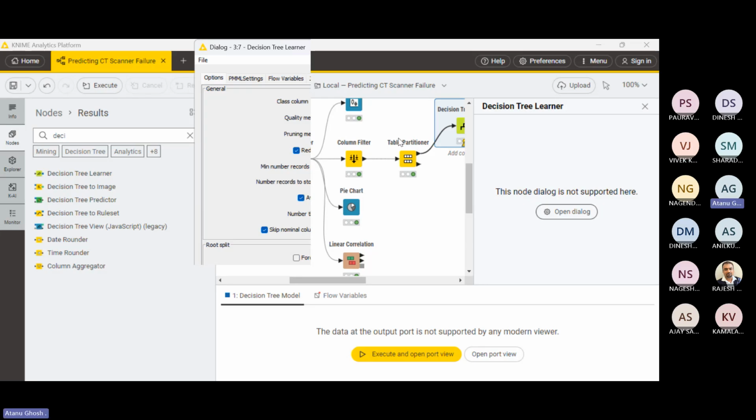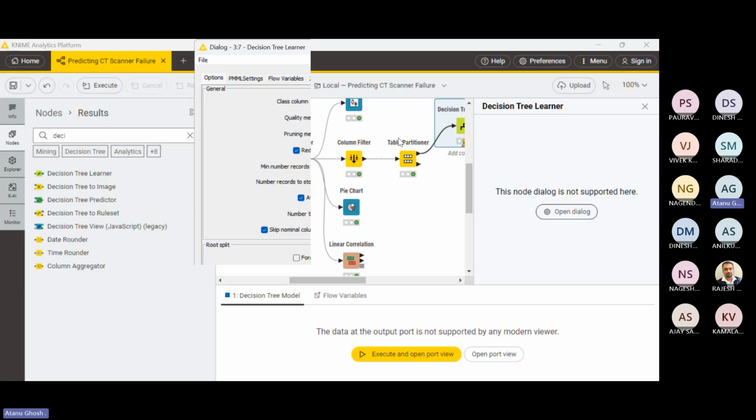What will the algorithm do? No idea? Just think logically. The algorithm has been allowed to write any if-else statement, any logical statement, till it arrives at a point, and there are two classes, machine failure and non-failure.